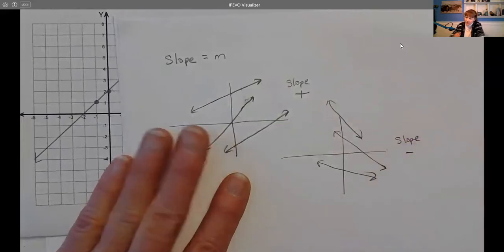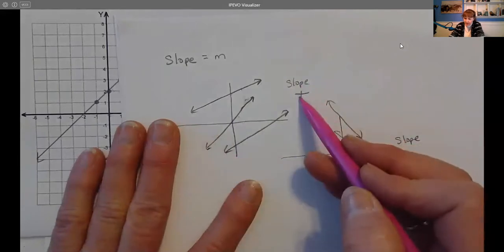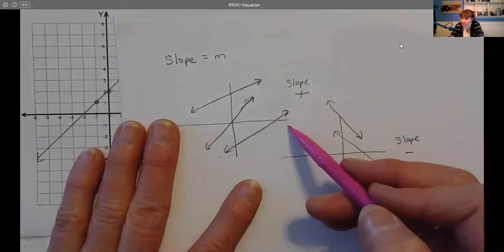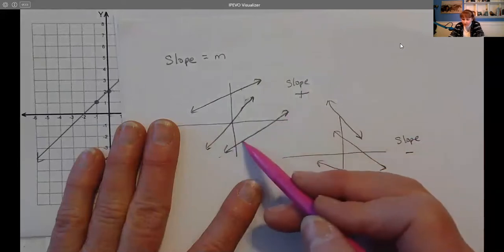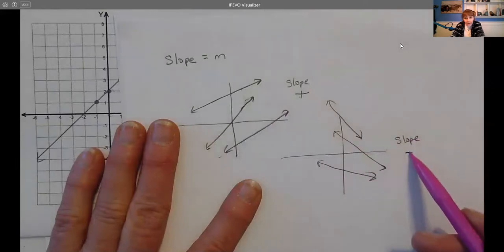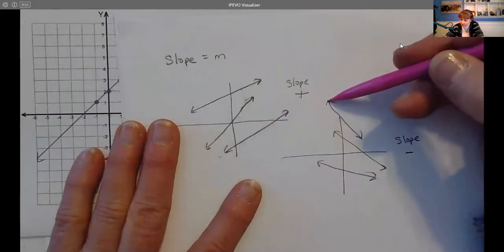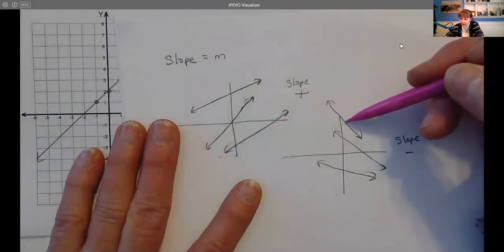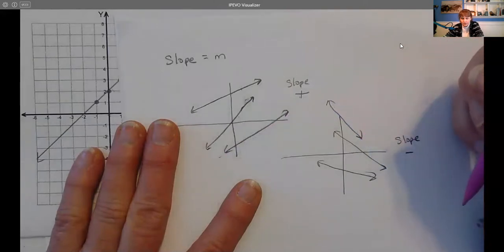So if the slope is positive, it will be rising. When you graph it, the solutions will form a line that's going up. If your slope is negative, the solutions form a line that's going down. And every point on that line will work in the equation.